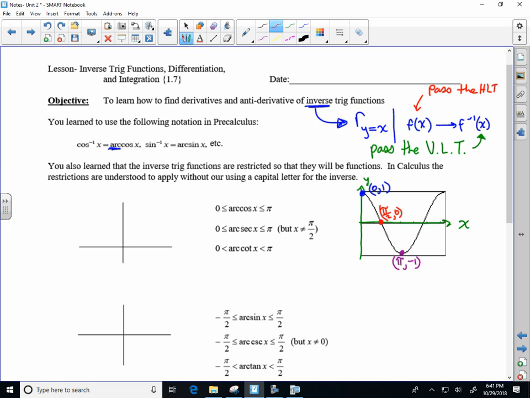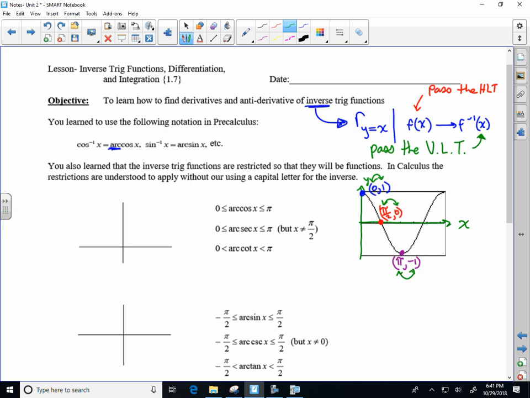So in order to graph a reflection over the line y equals x, what we do is we switch the x and y in any coordinate. All right, switch the x and y in any coordinate.